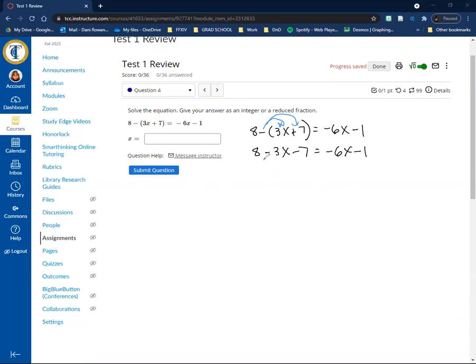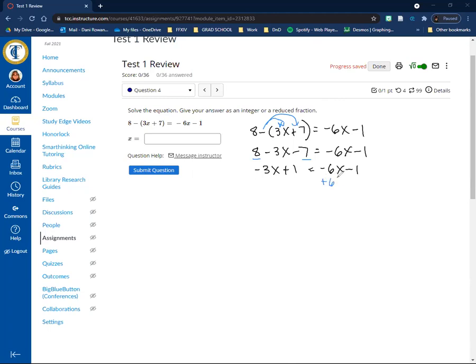Correct. So we can start by combining these. What's 8 minus 7? 1. So we end up with negative 3x plus 1 equals negative 6x minus 1. And then as you said, we're going to move all the x's to one side and all the numbers to the other side.